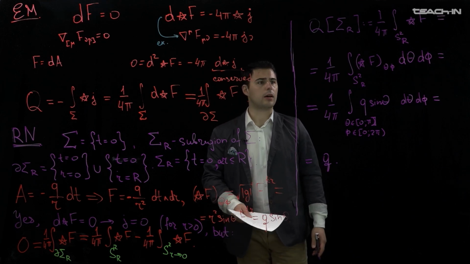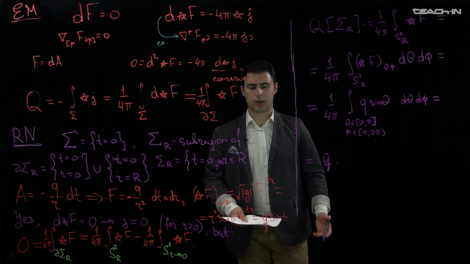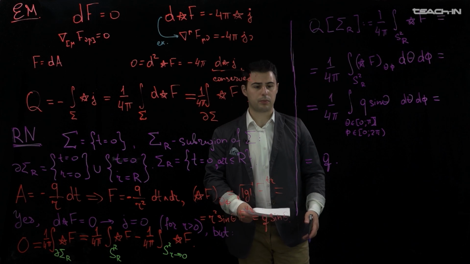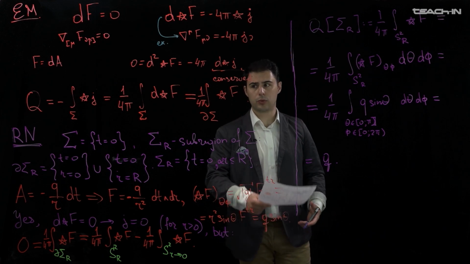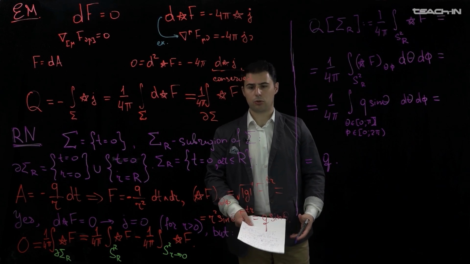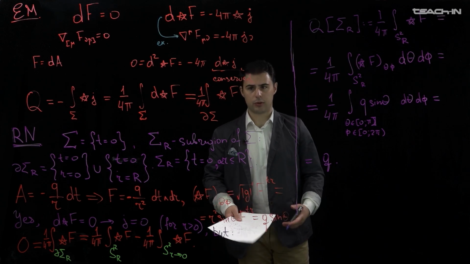Secondly, notice that the Q, which was a parameter of the solution of the Reissner-Nordstrom, is indeed the total charge of the spacetime, as we claimed in the previous lecture.